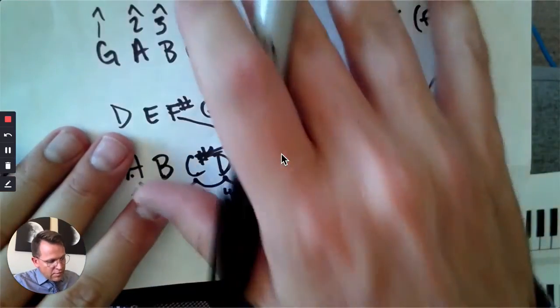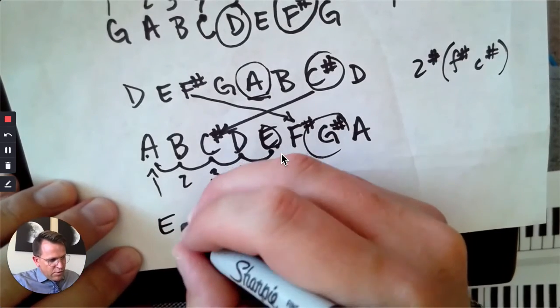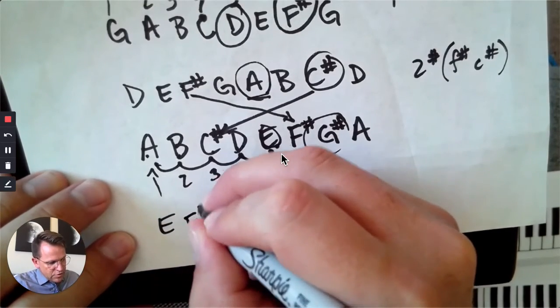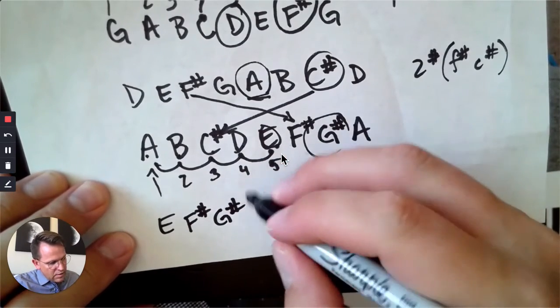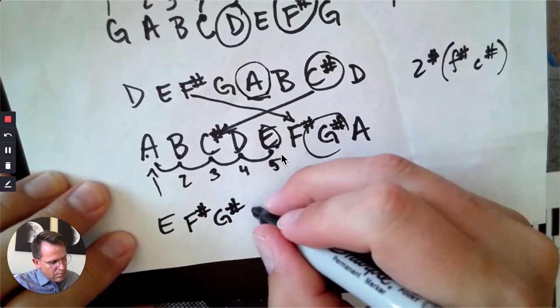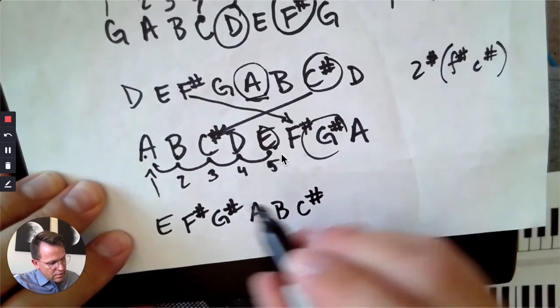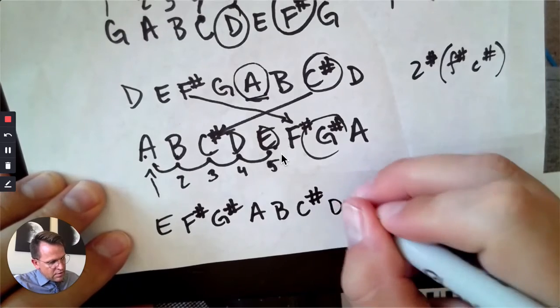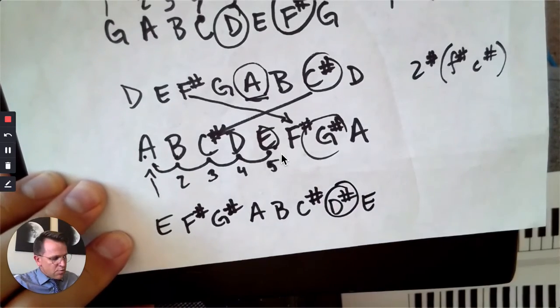Okay, so we had E, F sharp, we knew we already had that one, G sharp, we knew we already had that one, A, B, C sharp we already had, so we kept all of those, and then like we did in the past, we're going to raise that 7th scale degree, which in this case is D sharp.